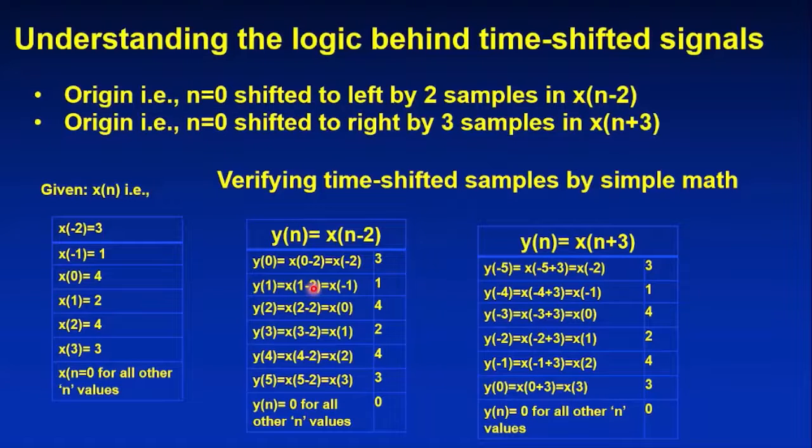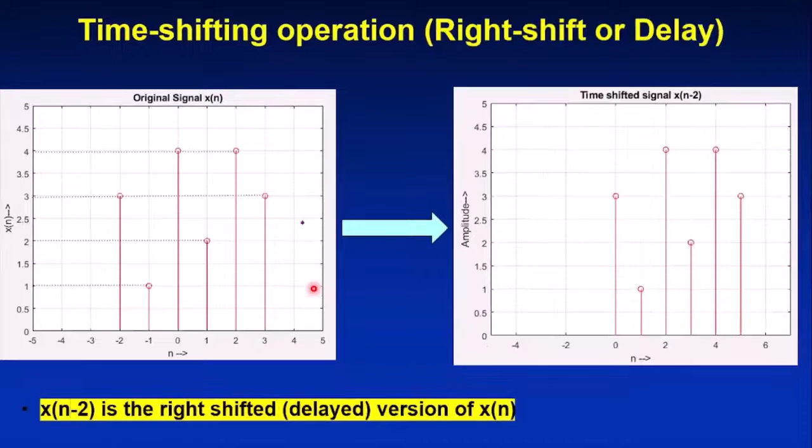So to understand the logic behind this, if you look at both the cases, I'll just go back to right shift. As you can see here, this is the origin. For the original signal, here is the origin, n equal to 0, and you have a sample with amplitude 4.